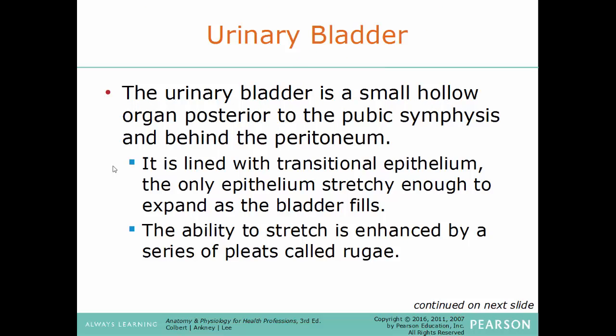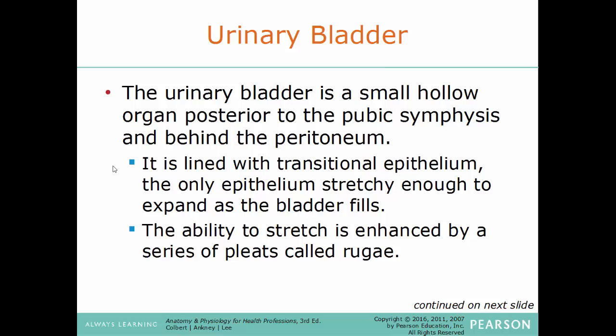That takes us to the urinary bladder. The bladder is a small, hollow organ that's posterior to the pubic symphysis and behind the peritoneum. It is lined with transitional epithelium. It's the only epithelium that is stretchy enough to expand as the bladder fills, and the only place you'll find this type of epithelium is in the urinary tract: within the bladder, the urethra, and the ureters.